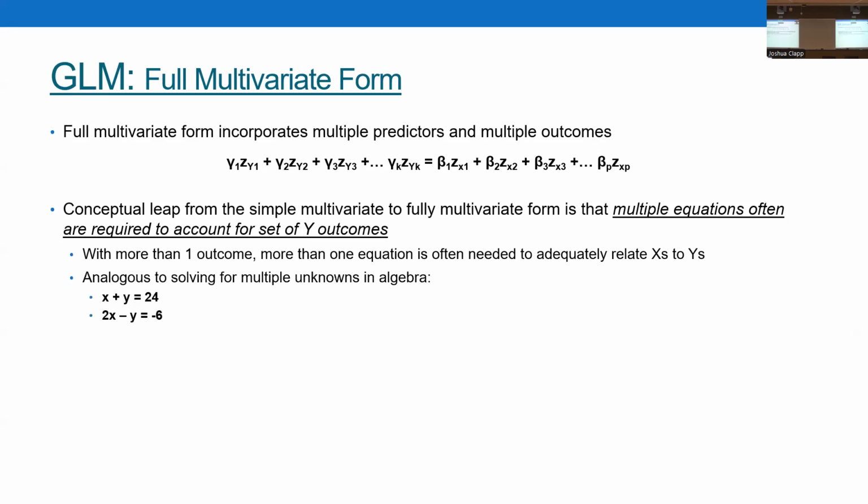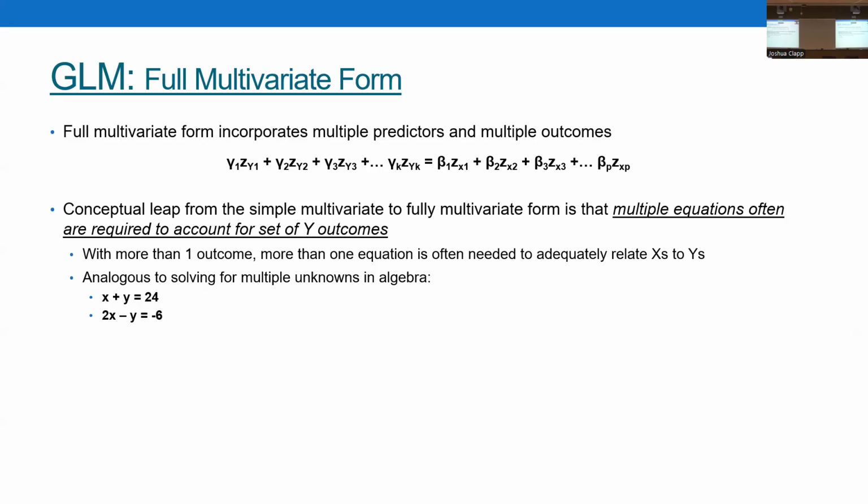This is similar, going back to seventh grade algebra, right? Cindy, can I create a unique solution for x plus y equals 24, right? There's an infinite number of solutions to that. But if I add in another equation, so x plus y is 24, and also 2x minus y is -6, now I've got two equations, and with this I can come up with a unique solution for x and y both, right?